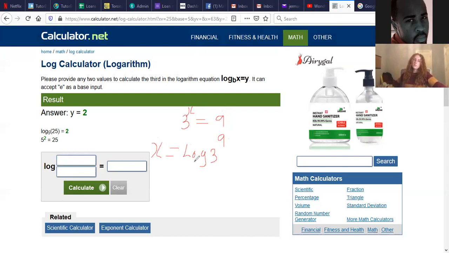So what we're saying is, what number do you raise 3 to to get 9? That's what's equal to x. Got that? Sophie?